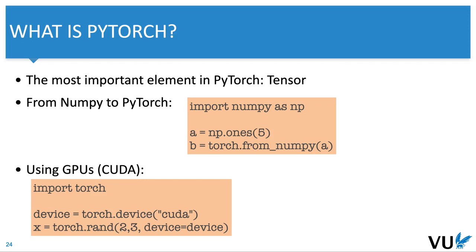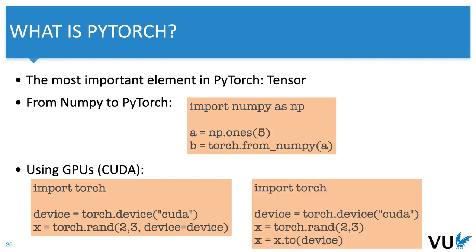Then you can simply specify that this tensor must be generated on the device, or you can use an additional command to move it to a specific device. What is better depends on your code. Sometimes it's better to define one when you define something and set it to CUDA. Sometimes you need to pass it manually by saying .to(device).